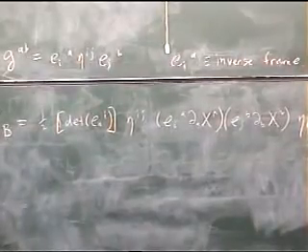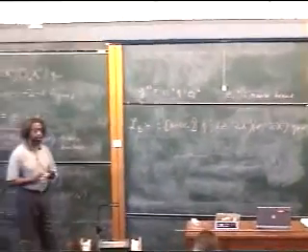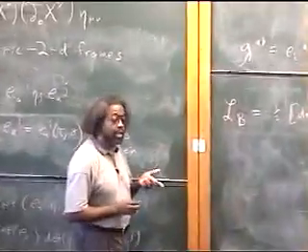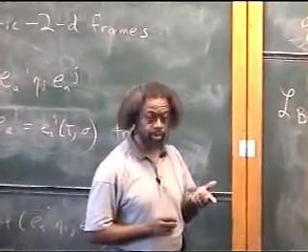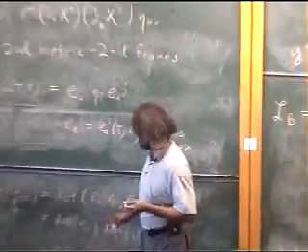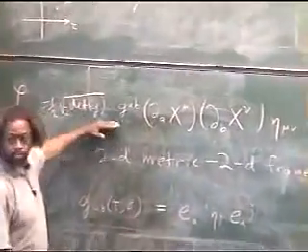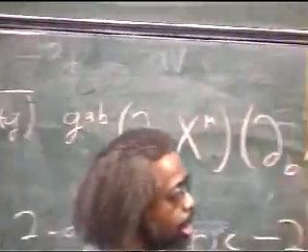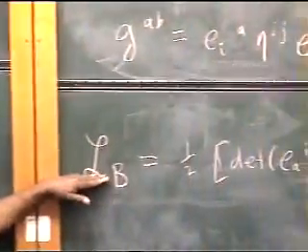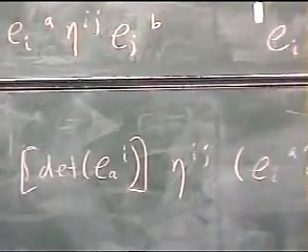Nothing changes in it. And so now we've got the same bosonic string, but just defined in terms of this E variable, the frames. So this is the metric formulation of the bosonic string. This is the frame formulation of the bosonic string.